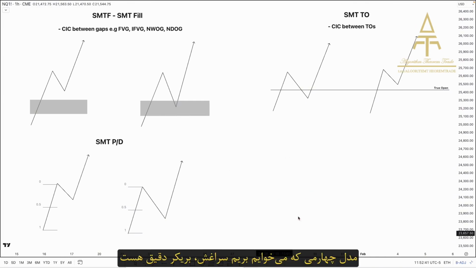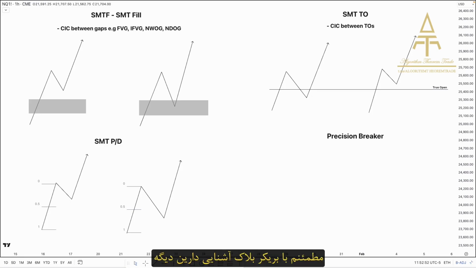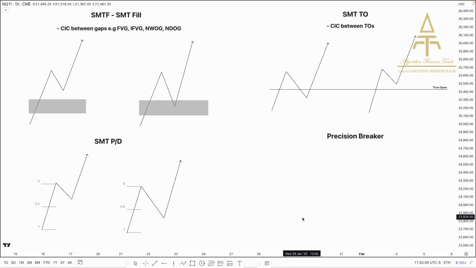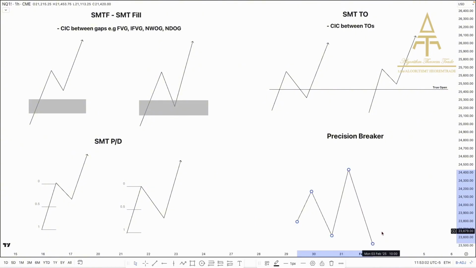And then the fourth one will be a precision breaker. I'm sure you know what a breaker block is. We have a high, a low, a higher high, and then a lower low.